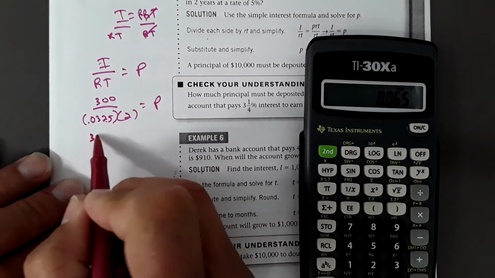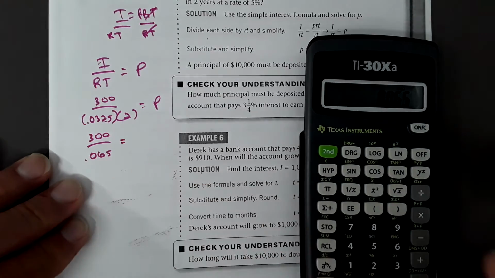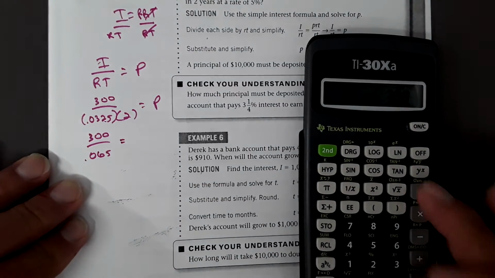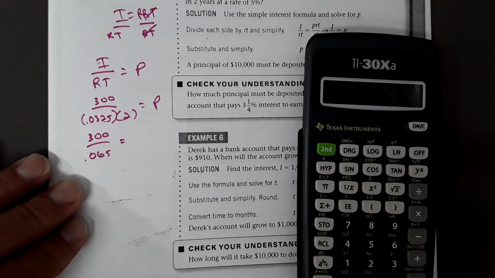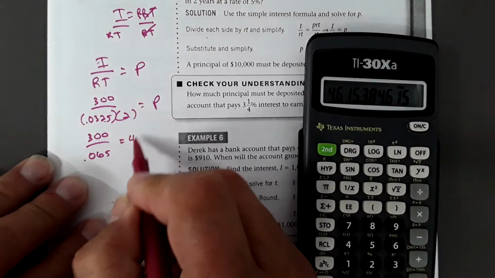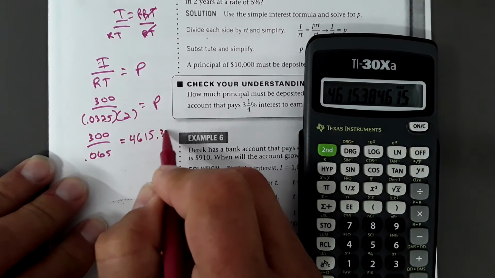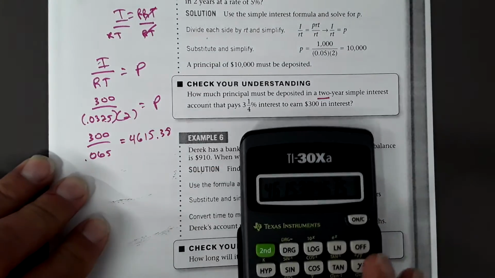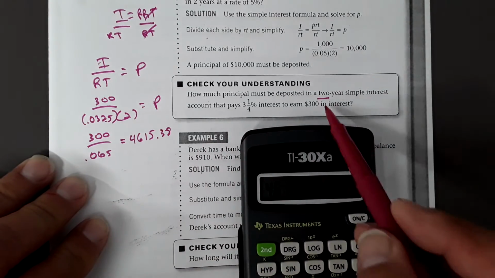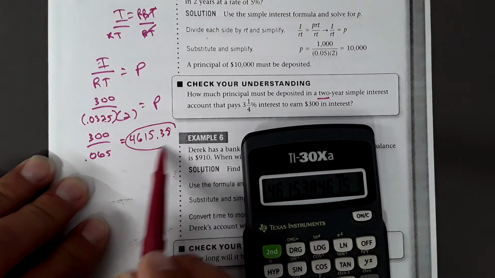So this number gives me 0.065. 300 divided by 0.065 would be $4,615.38. So the question was how much principal to earn $300 in 2 years at that rate. That would be the answer. That's how much they would need to deposit.